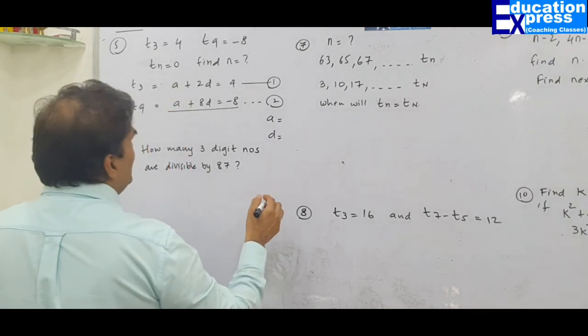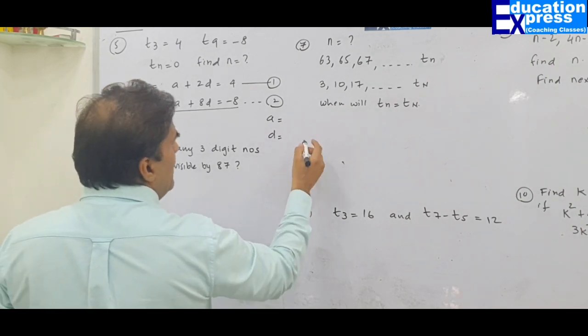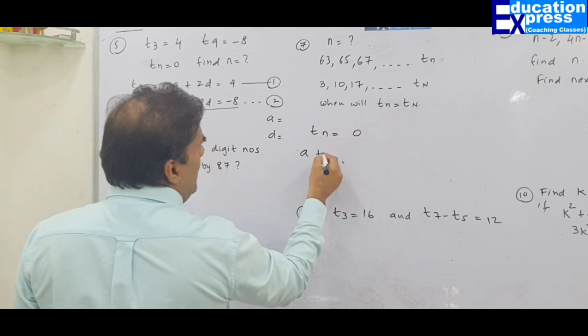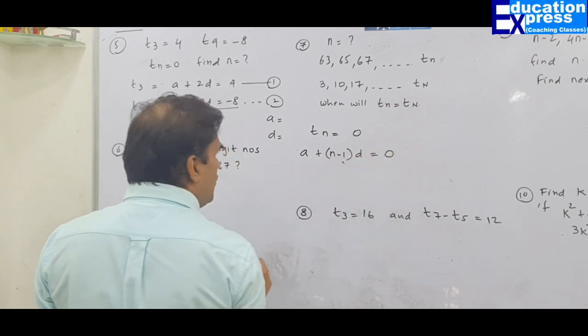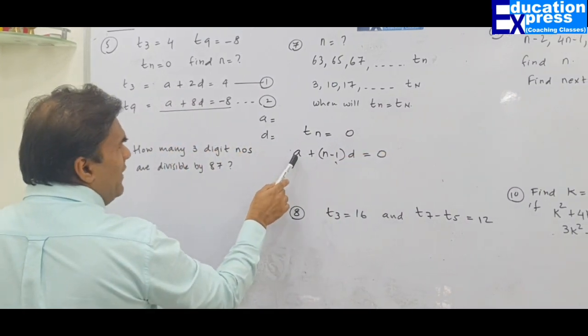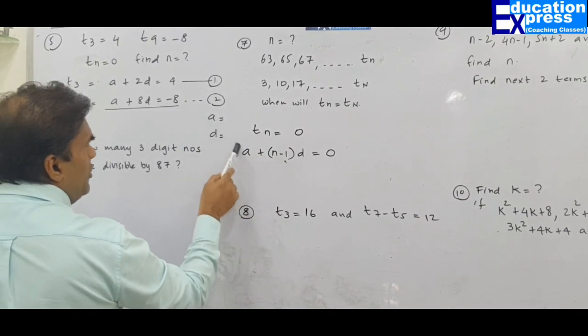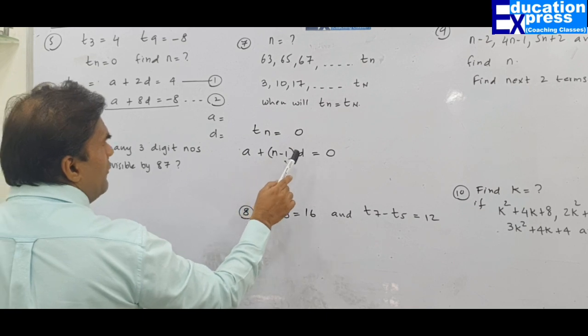So that means after finding the value of a, finding the value of d, it is given that Tn equals 0. a plus n minus 1 into d equals 0. Since value of a is available, value of d is available, when you substitute the value of a and d, automatically you will get the value of n.